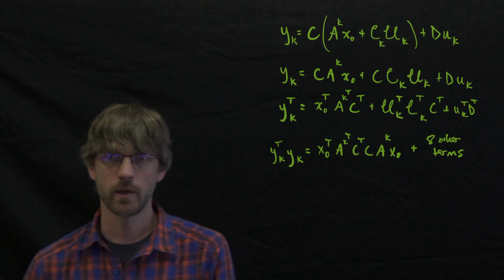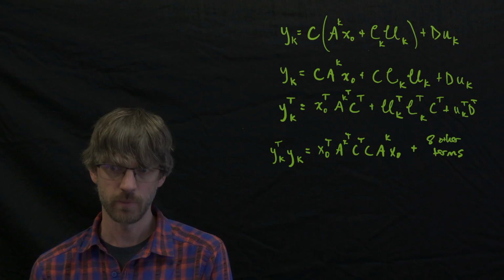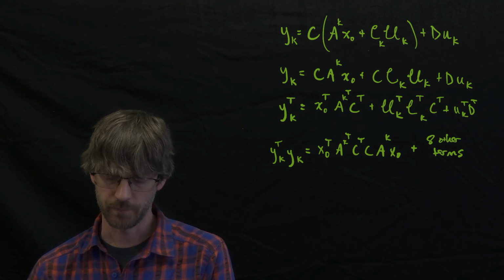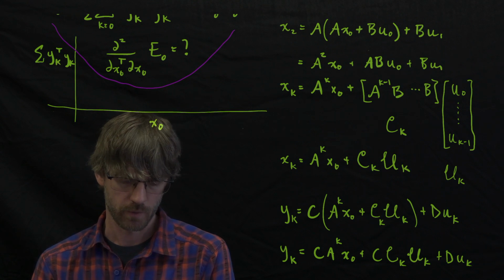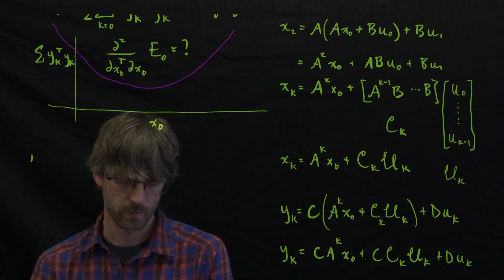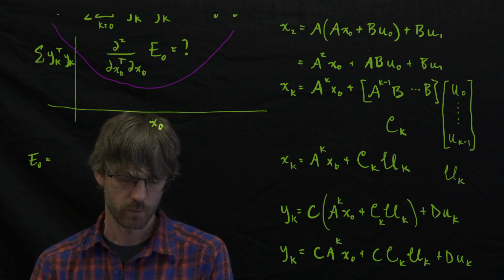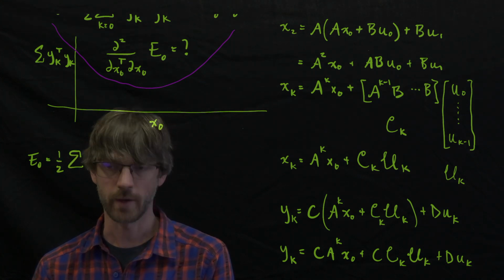So now we can go back to our output energy and plug this in and figure out what's going on. So our output energy is 1/2 times the sum of those y transpose y's.